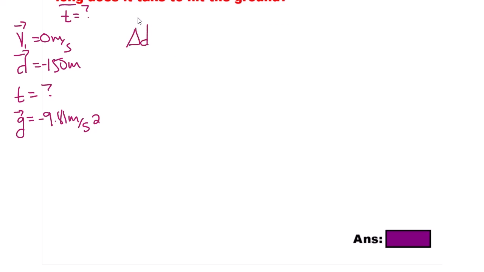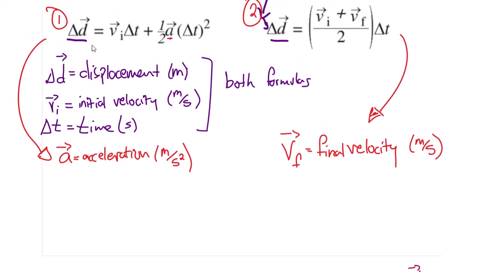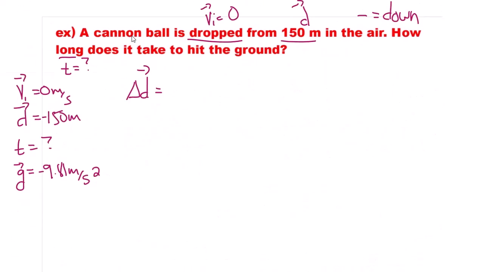My displacement d is equal to VI times change in time plus 1/2 times acceleration due to gravity times my time squared.